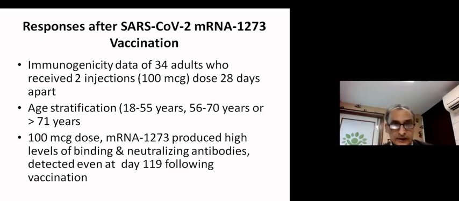Now coming to the Moderna vaccine. The Moderna vaccine has shown a good response with this strategy. This is a little correspondence published in the New England Journal of Medicine. I'll not go into detail of this.